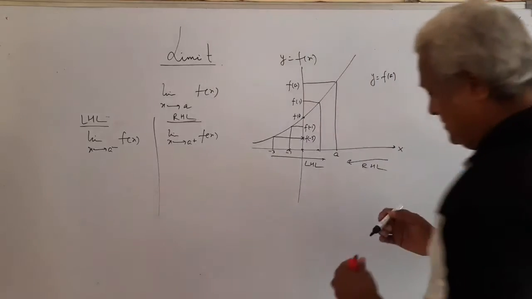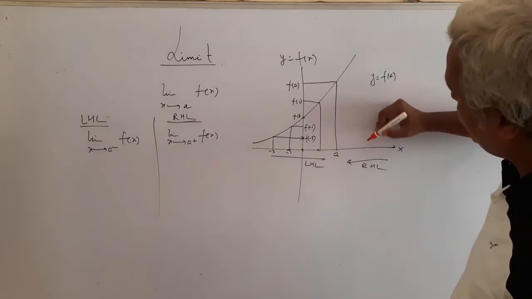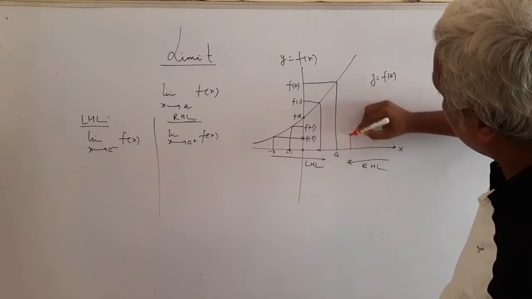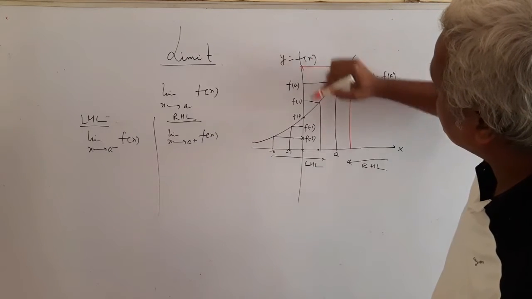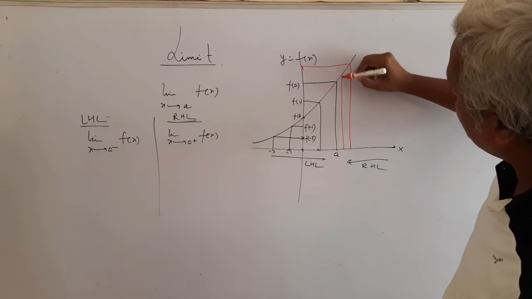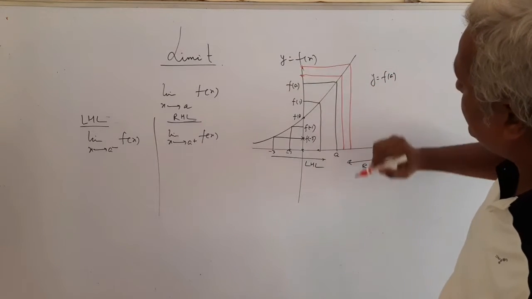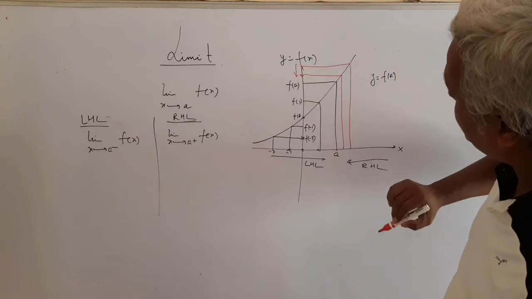Now from the left hand limit, suppose just beyond a I take two numbers only, one number here, then the y value corresponding to this is here. Then I move here, and the y value will be here. Now you see, when I'm moving here, the graph is coming in this way.